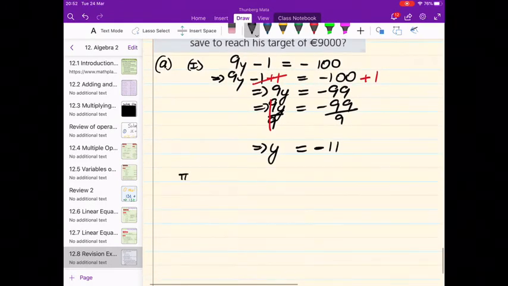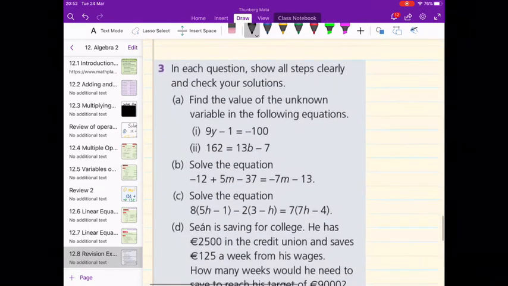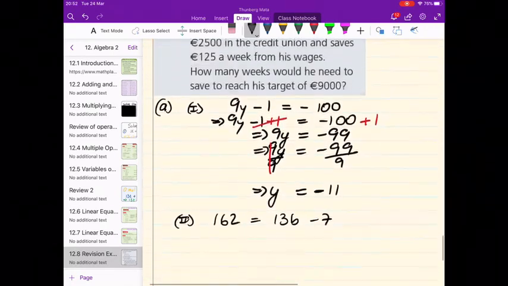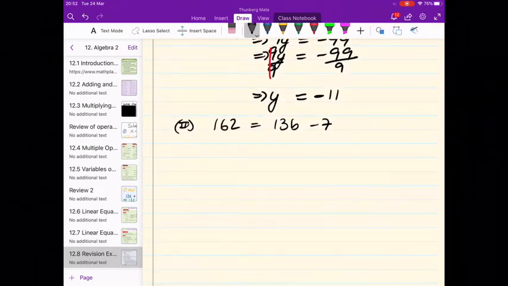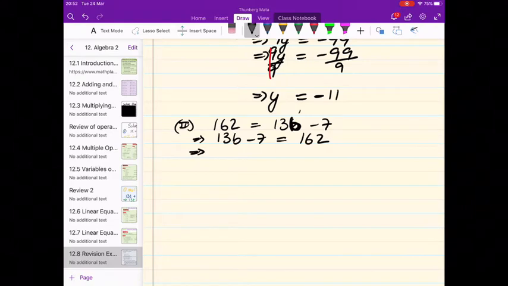Part 2 of the question is 162 is equal to 13b minus 7. So again, let's make that look more like a b. Okay, so we have 13b minus 7, so I'm just going to write that the other way around. So it's 13b minus 7 is equal to 162.